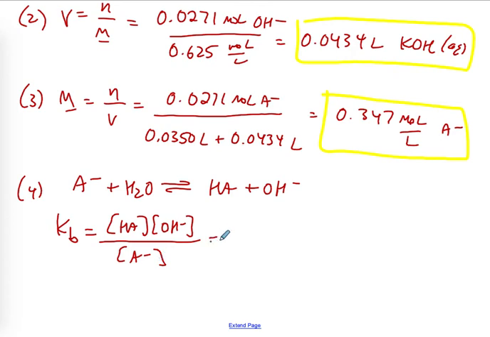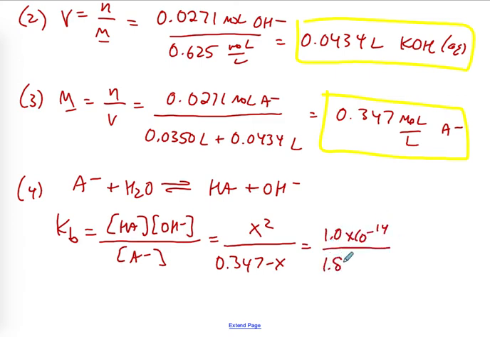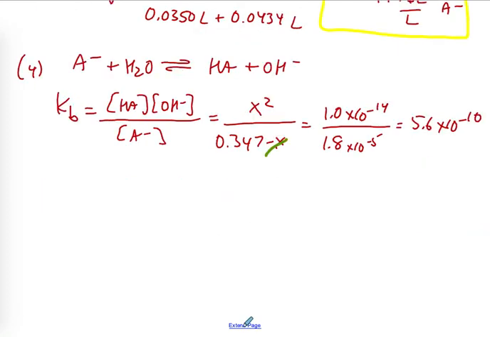That is equal to x squared over the initial concentration of acetate calculated in step 3 minus x. What's that Kb numerically equal to? Why, of course, it's equal to Kw divided by Ka for acetic acid, or 5.6 times 10 to the negative 10th. That's a pretty small Kb value, so I'm going to assume the simplifying approximation is valid.